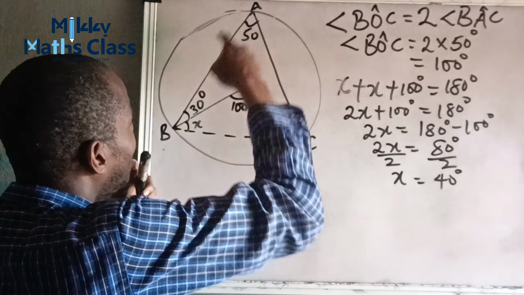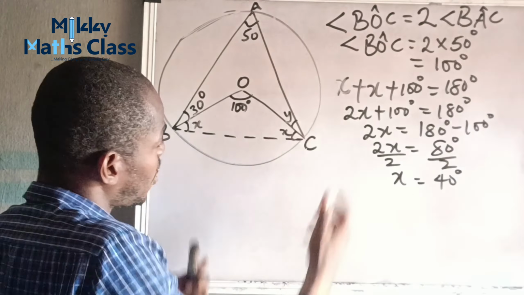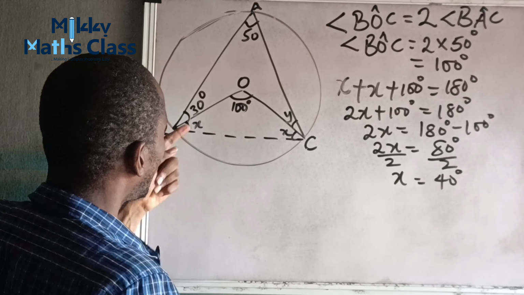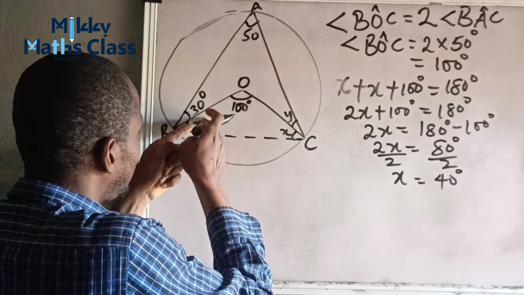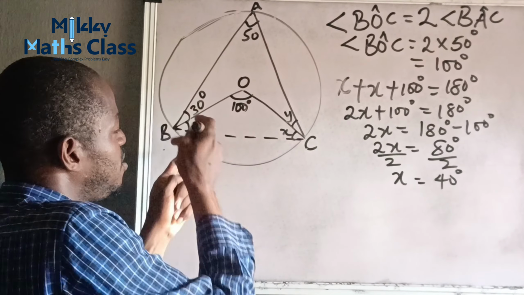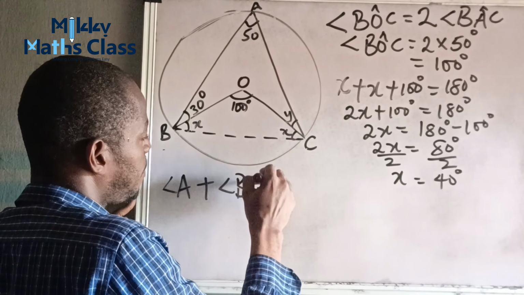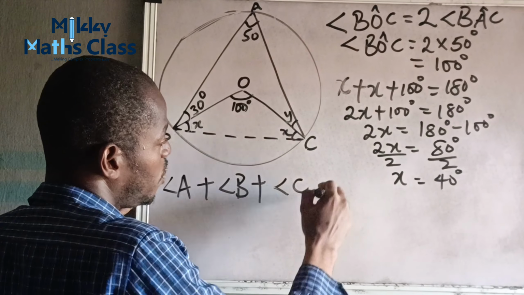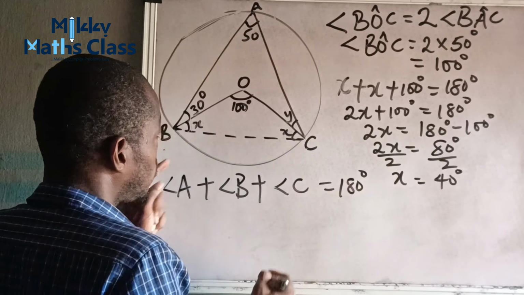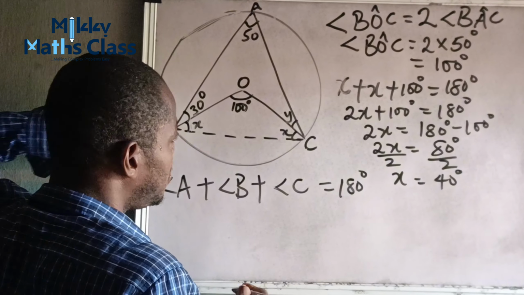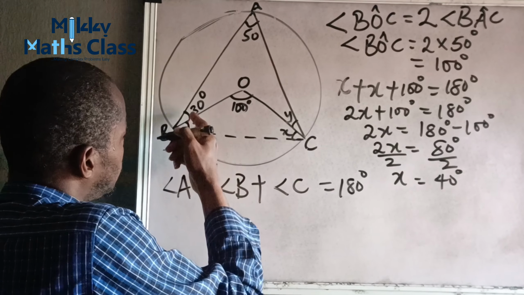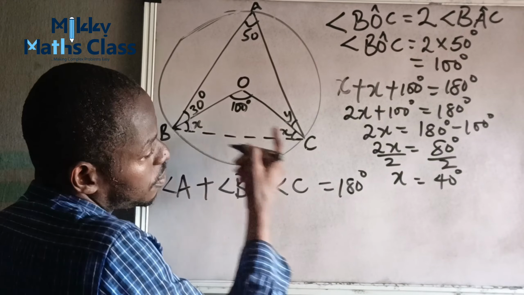Now, this is a bigger triangle. This ABC is a bigger triangle. So how do we get the angle at B? We already have what here is. So angle A plus angle B plus angle C will give us 180 degrees because this is another triangle, triangle ABC. We already know that x is 40 degrees.